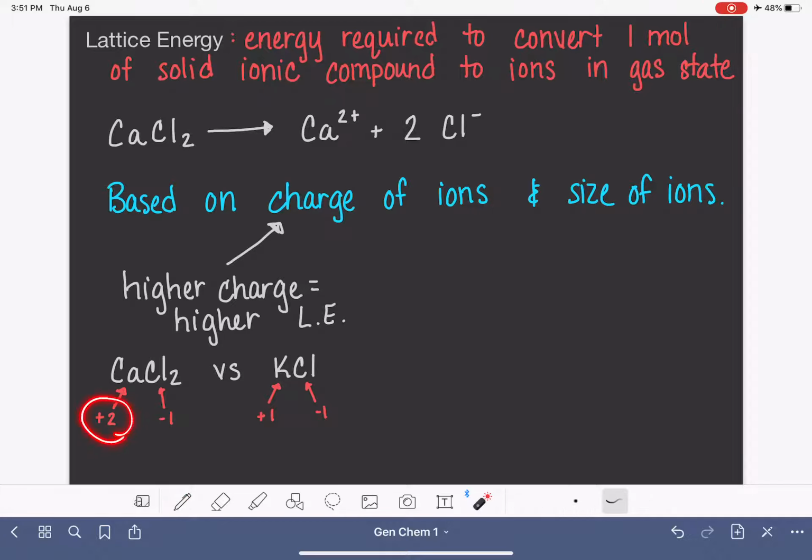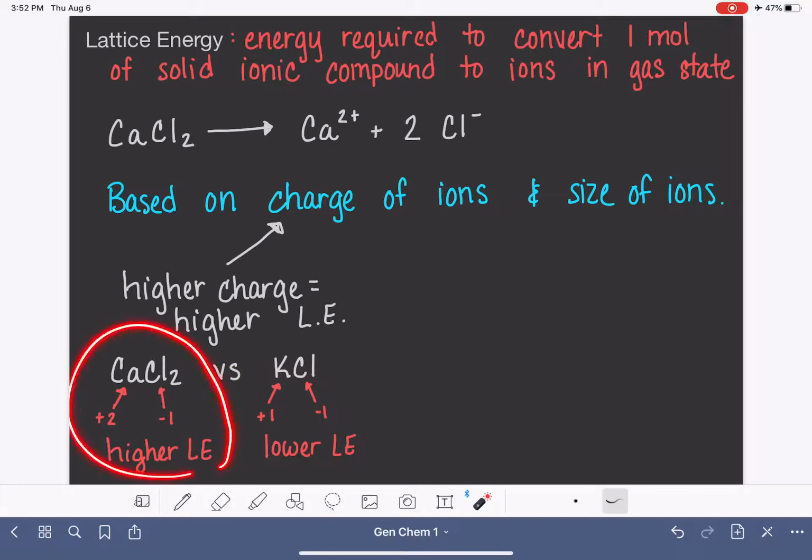The +2 charged ions of calcium, because they have a higher charge, mean that CaCl2 will have a higher lattice energy than KCl, which will have a lower lattice energy. So in comparing just these 2, we can say that calcium chloride will have a higher lattice energy, which simply means that it'll be harder to pull those ions apart from each other.